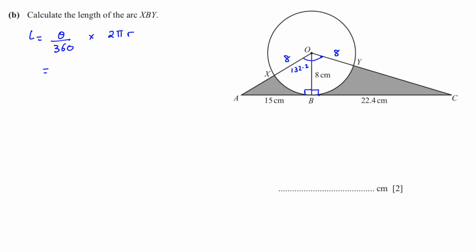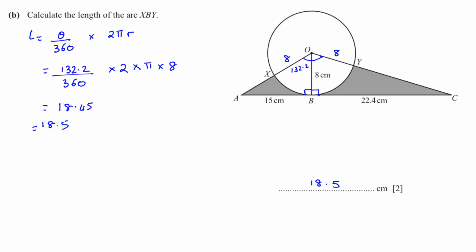R is the radius. Therefore, 132.2 divided by 360 multiplied by 2 multiplied by pi, and the radius is 8. And we will get 18.45, rounding it to one decimal place, 18.5 centimeter.